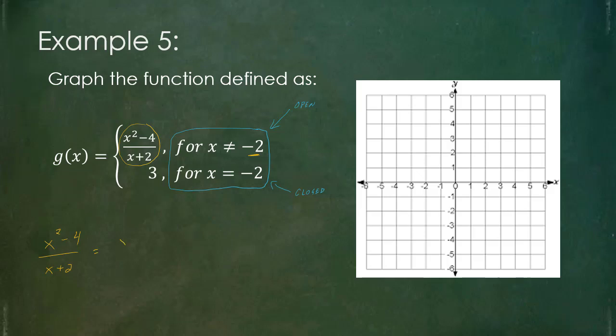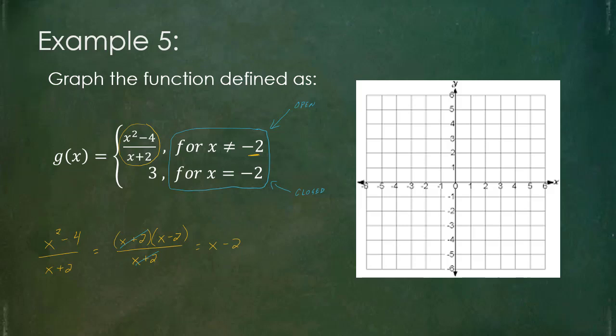If I go ahead and try factoring, x squared minus 4 would factor into two parentheses, x plus 2 and x minus 2. And notice what that allows me to see is that the x plus 2 divided by an x plus 2 would completely cancel. So this one really is just like graphing a line of x minus 2.